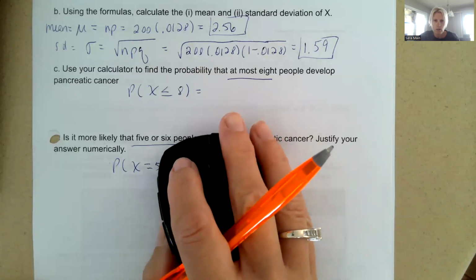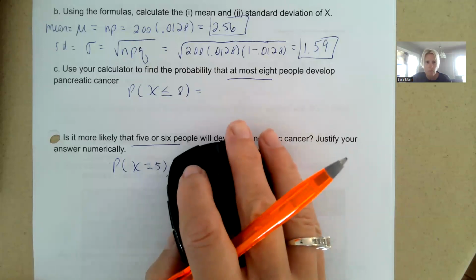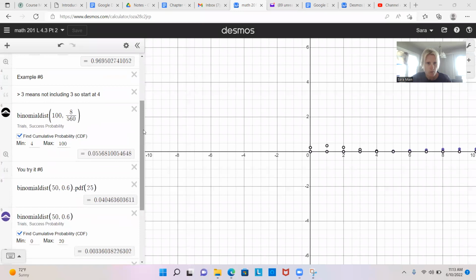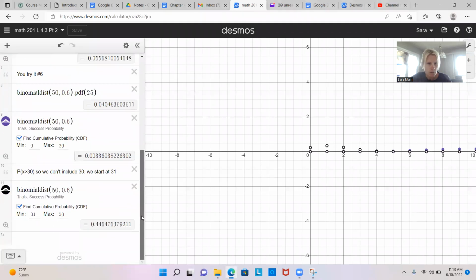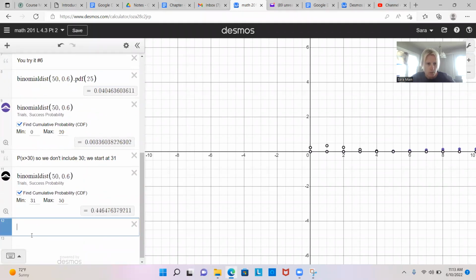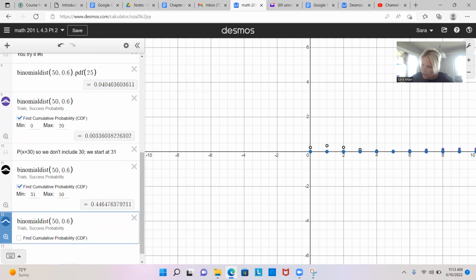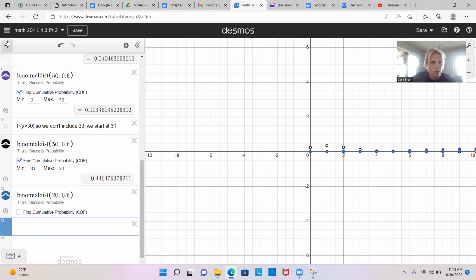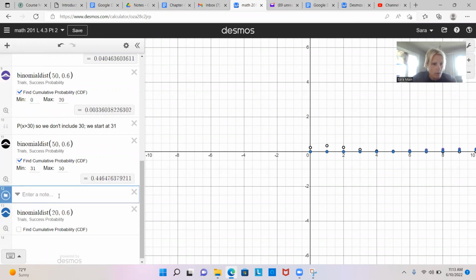So let's go to Desmos to do that. Okay, so this one, we have 200 people. I'm going to start a folder here so that it's easier to follow.